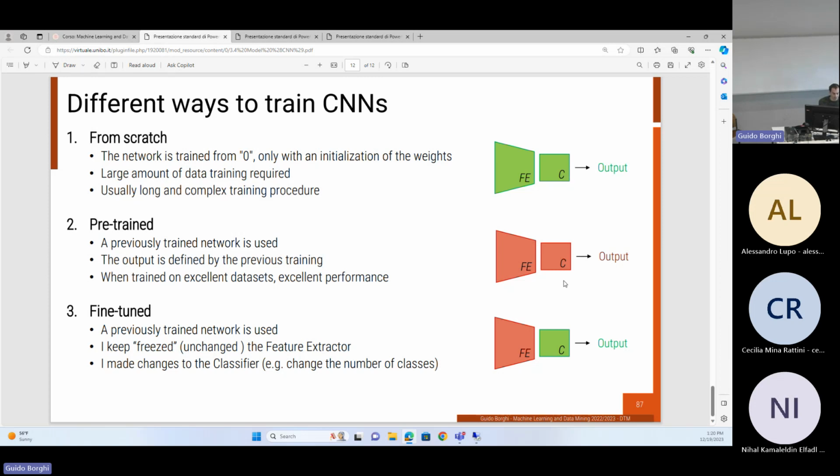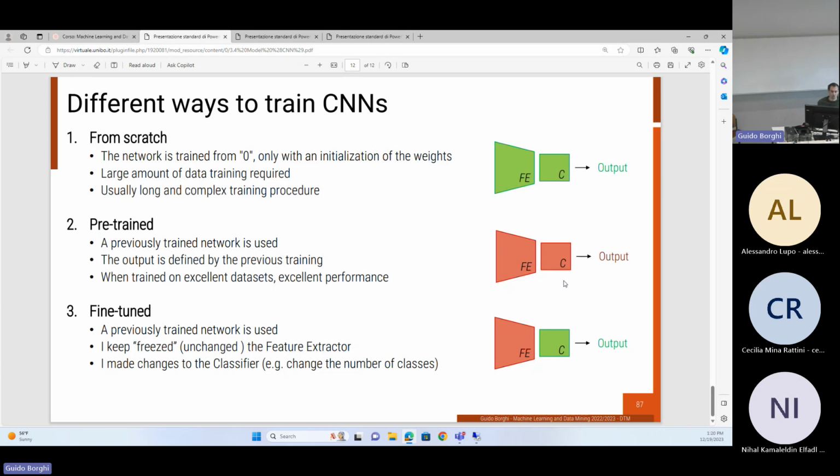So the output is defined by the previous training, and in particular by the data set that we used during the training. If we have an excellent data set with very good annotation and the training is effective, we can have excellent performance.